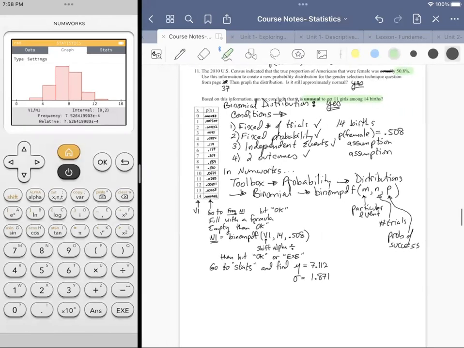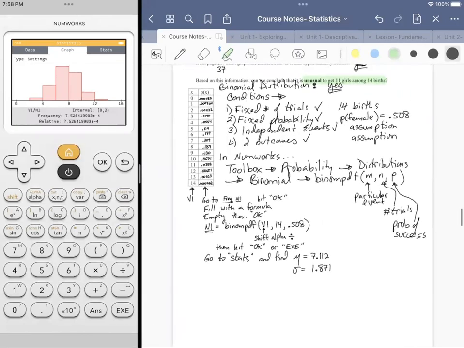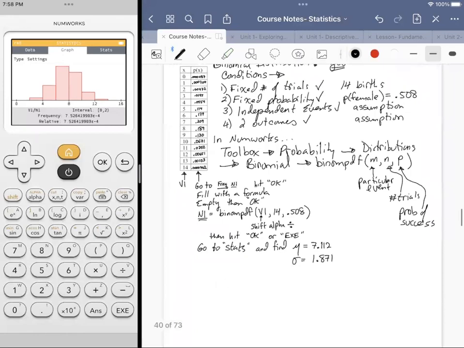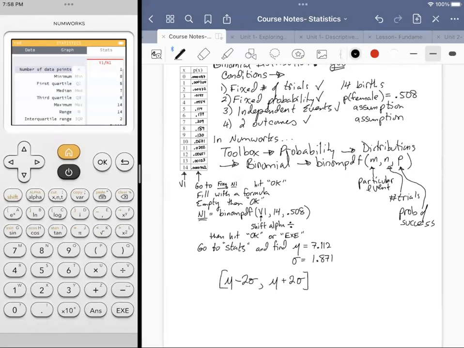Now that I know my mean and standard deviation, I would use the usual unusual rule, it's on page 37: mu minus 2 sigma, comma, mu plus 2 sigma. That's the same idea as the X bar minus 2s and X bar plus 2s rule that we used in the first unit.